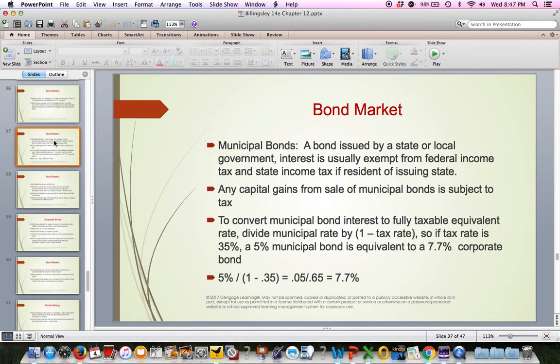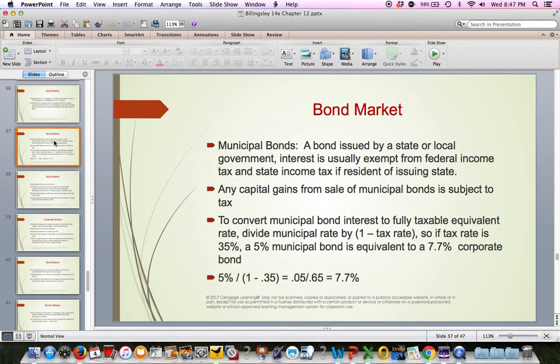A municipal bond is issued by a state or local government, such as a county, a city, or a school district, and they are never subject to federal tax. They might be subject to tax at a state level from the issuing state, possibly. Any capital gains from the sale of these, though, is subject to federal tax.